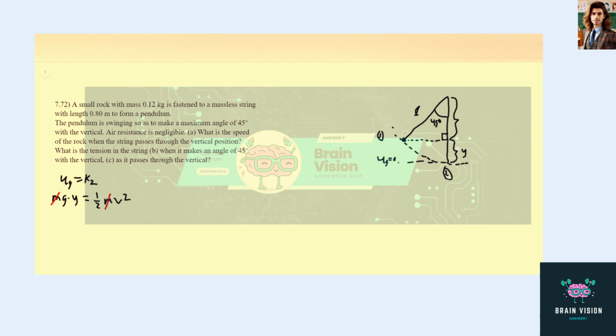To find this length, I know that the hypotenuse is L and I have an angle, so I find the adjacent side. That's L cosine of 45 degrees. So y equals our full length, L, minus L cosine 45 degrees. Then I can substitute that in for y.